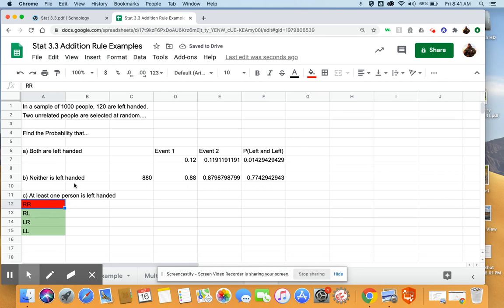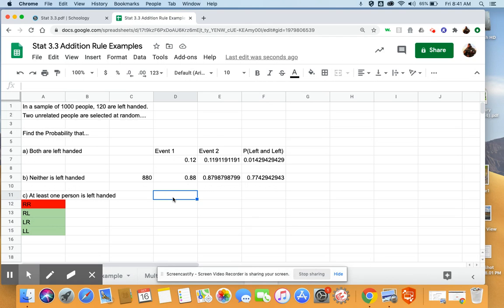And conveniently for us, when we found that letter B, neither is left-handed, that's the probability of two right-handed people. That's what doesn't work. Keep in mind, the sum of all the possible outcomes has to be 1 or 100%.